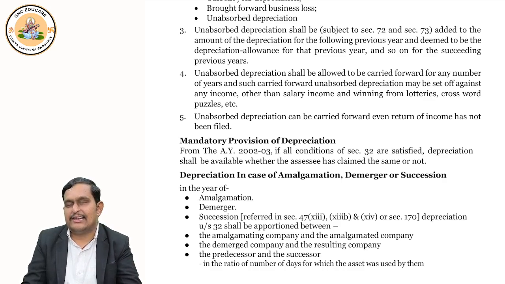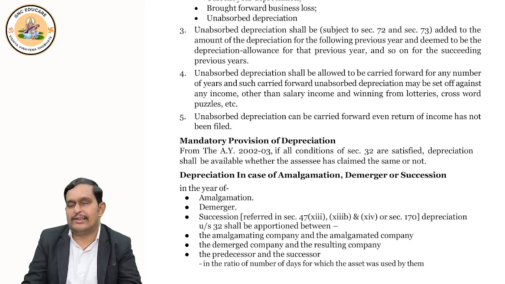And after calculating depreciation for the whole year, then step 2, you have to calculate how many days each assessee was holding the asset. Accordingly, you divide the depreciation into parts and give the depreciation to the respective assessee so that they can claim it when they file their income tax return.